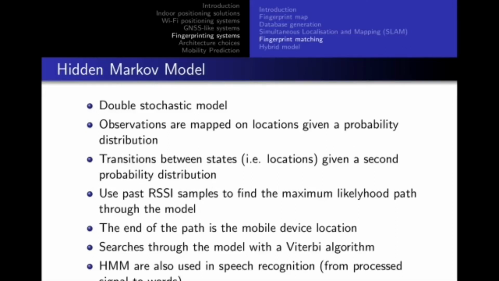And you will use the past RSSI samples to find the maximum likelihood path through the model, which also results in a Viterbi-like algorithm, where the end of the path is the mobile device location. Hidden Markov models are also used in speech recognition to get from the processed signal to the words.